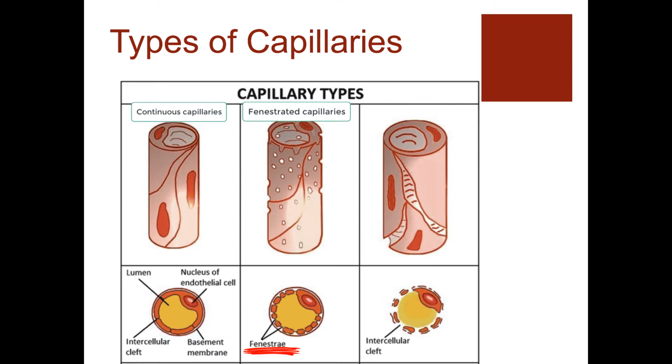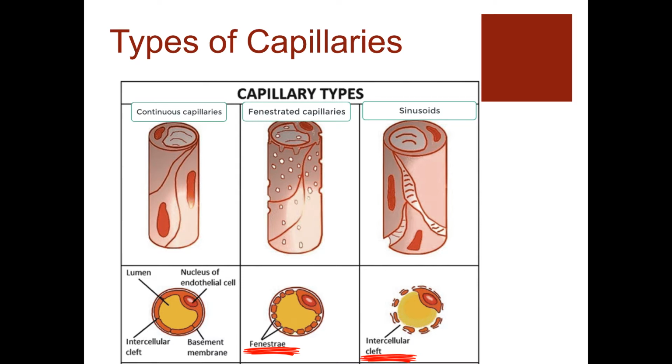Fenestrated capillaries are also located in the choroid plexus of the brain ventricle system and the ciliary body of the vascular tunic of the eye. The final type of capillary, called sinusoids, consists of the largest pore size of any type of capillary. These pores are called intercellular clefts, and these are so large that they allow passage of entire cells through the endothelial lining.